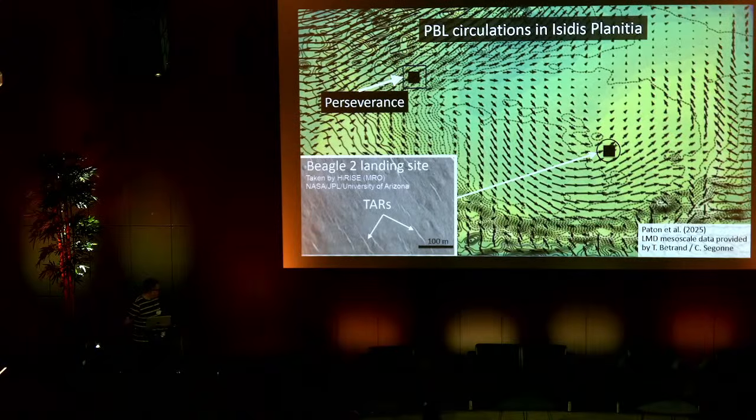You can see they are controlled by the rim of the basin, and the inset shows the tars at the Beagle 2 landing site. And notice the wind vector at the landing site is perpendicular to the tars, which is interesting.